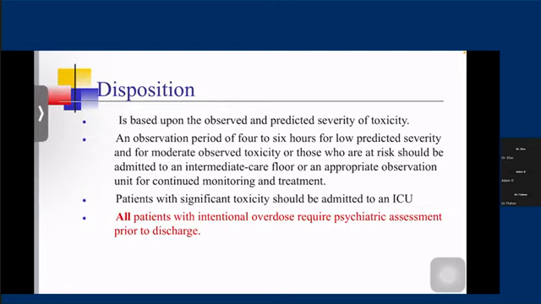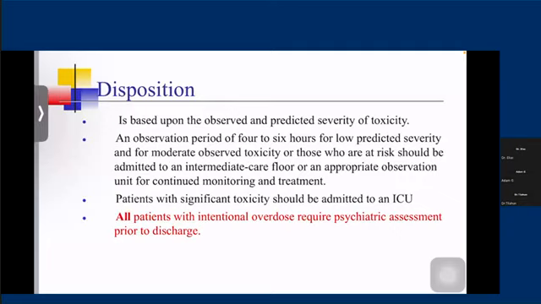This is based on the patient's presentation and the poisonous agent which the patient took. Usually an observation period of 4 to 6 hours is used for low or moderate predicted severity. For low, we can observe just for 4 to 6 hours and then discharge them from emergency.